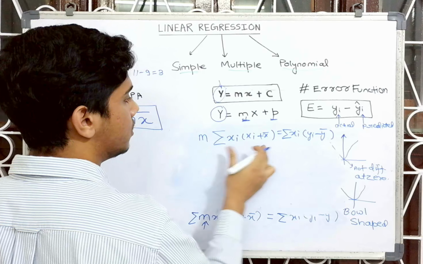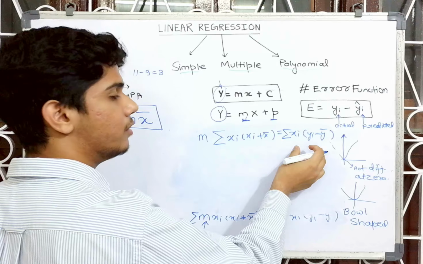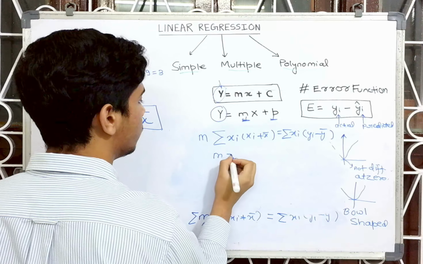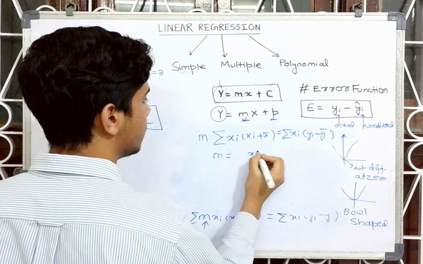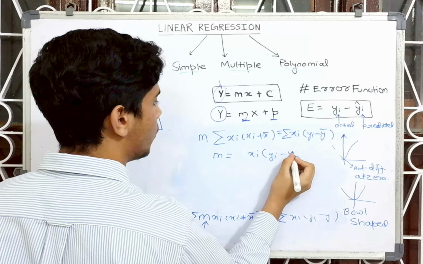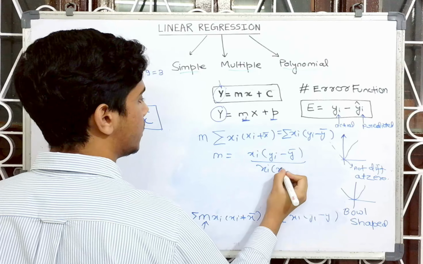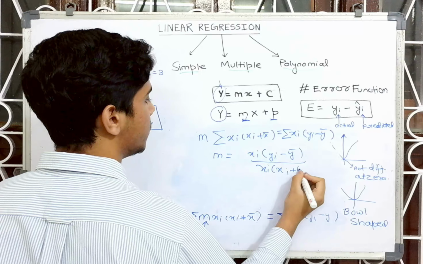We can take this term to the denominator side of the equation on the right hand side, so m will be equal to xi yi minus y mean divided by xi plus x mean.